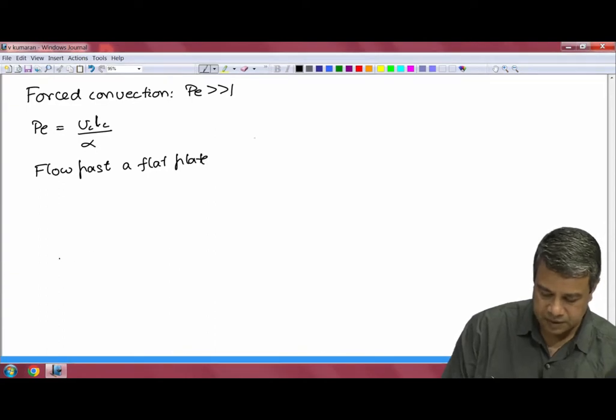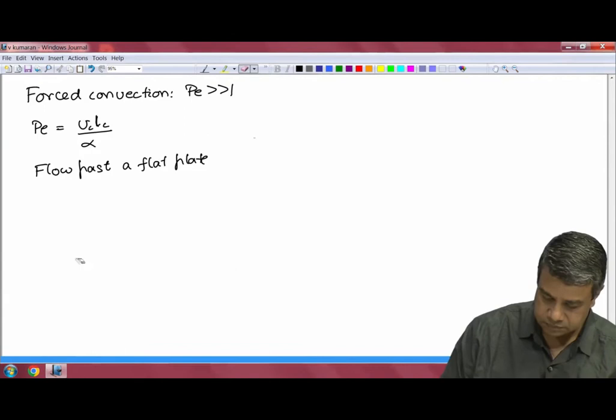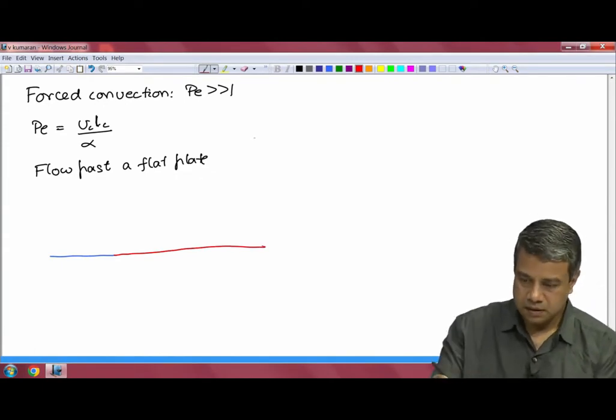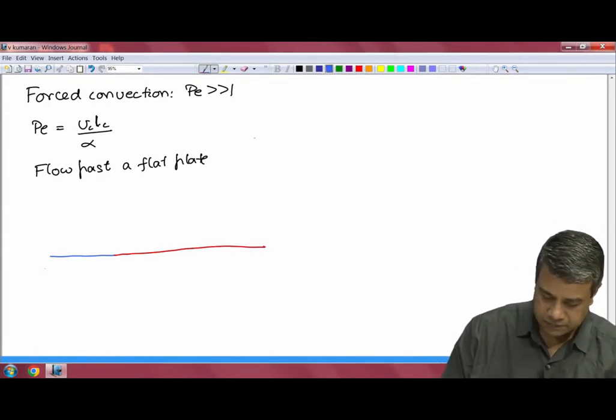So, I have a flat plate in which I have T equal to T infinity.